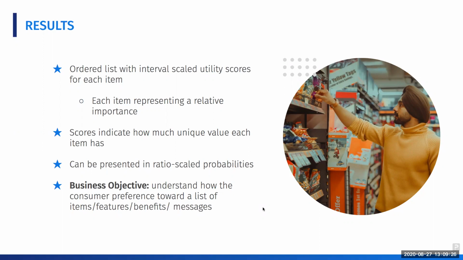For example, if one item has a utility score of 6, that item is 2 times greater than another item that had a score of 3. Big picture, you're accomplishing the business objective of understanding consumer preferences toward a list of items, features, benefits, or messaging, like ad messaging.